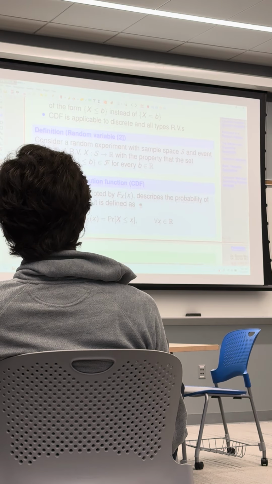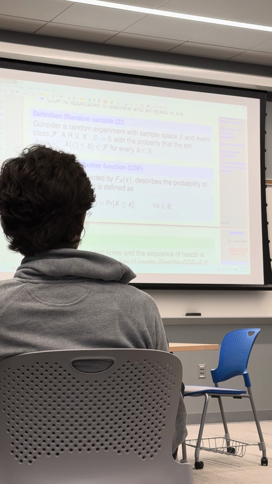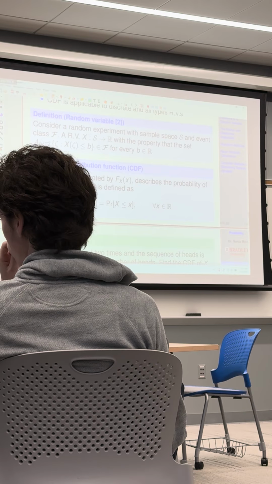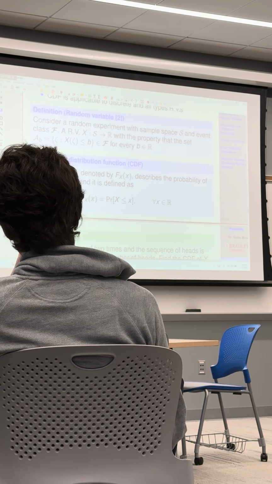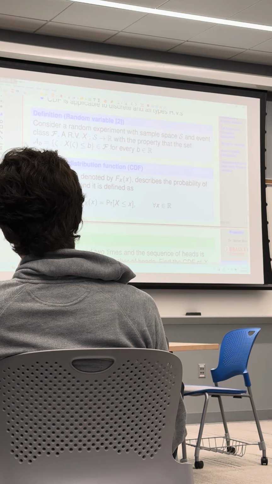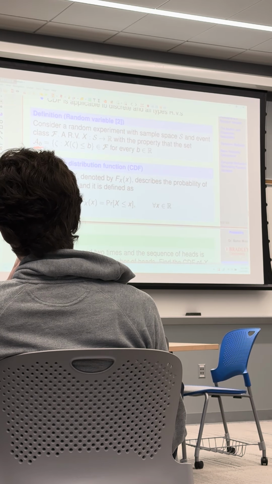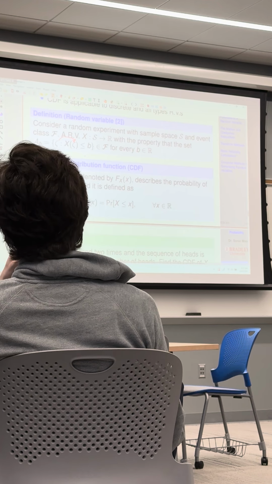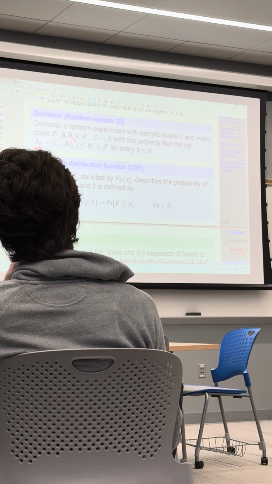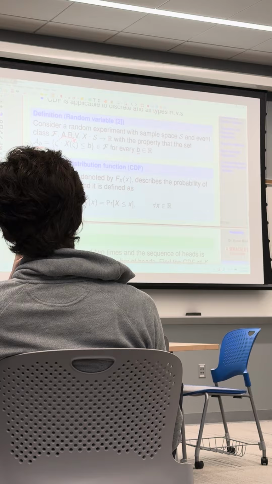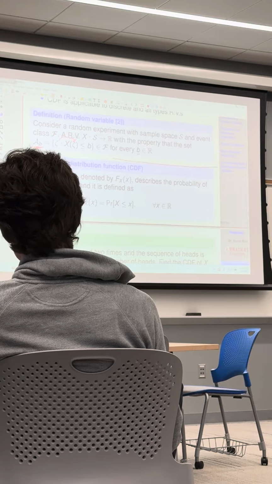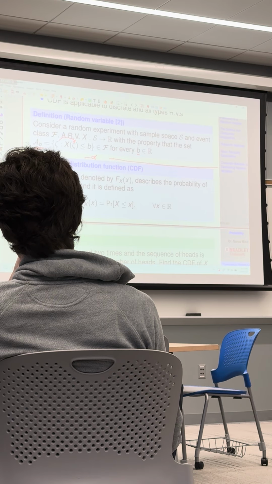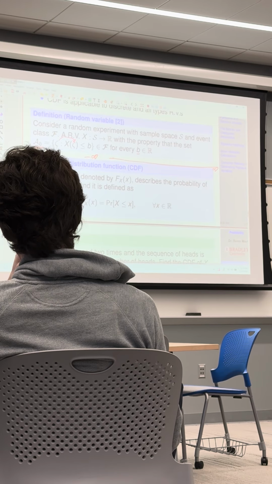So first, we already know what random variables are. We defined the random variables here. But from that random variable, we define a set. That set consists of a bunch of outcomes, and we pass this outcome to this random variable, and it has to be less than or equal to b for all b in the real line. So we are talking about b for the entire real line, minus infinity to plus infinity.